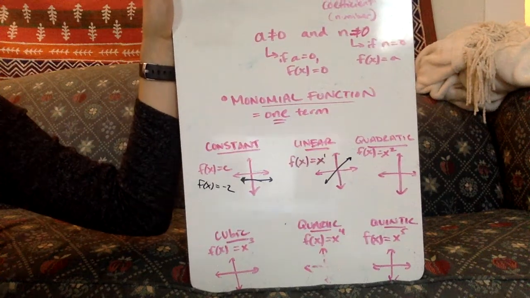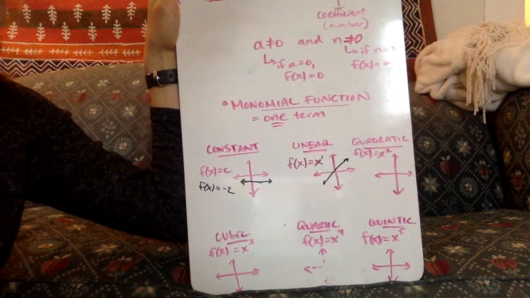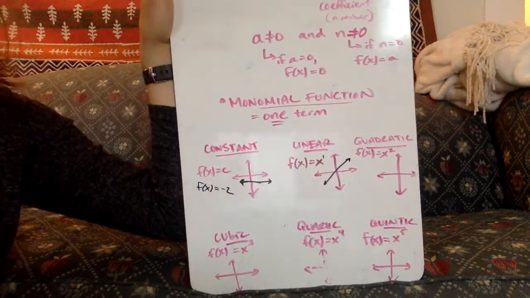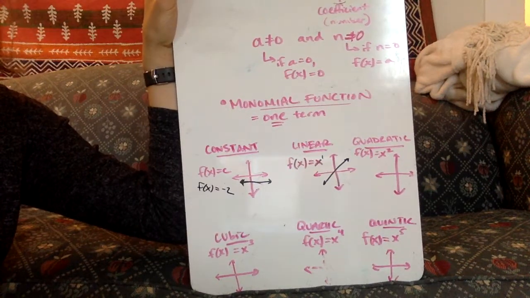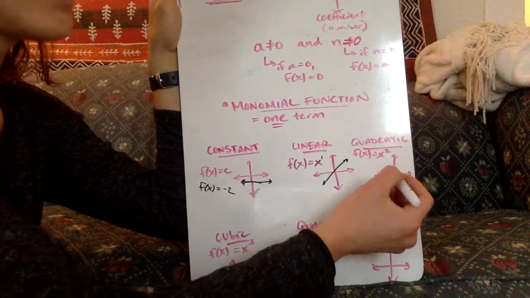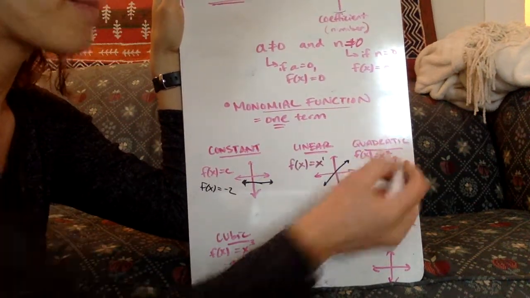The next parent function or monomial function that we're going to look at is the quadratic. Remember that this is y values that are greater than or equal to 0, because I'm not going to have a negative y value for any of these. So I'm going to draw this. It's that classic U shape like that.